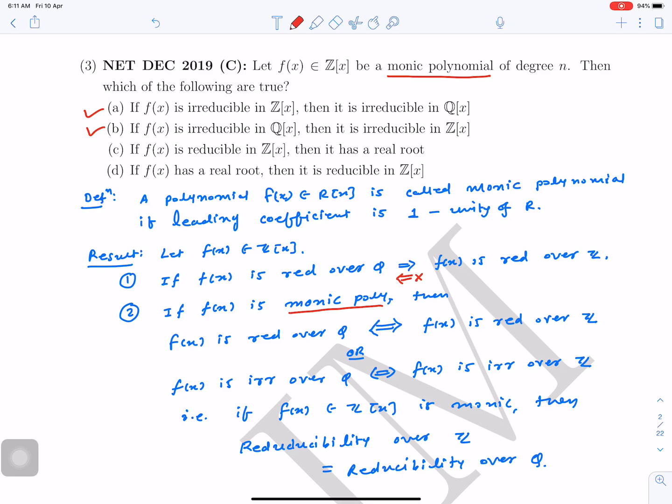Now see, option C claims that if f(x) is reducible in Z[x], then it has a real root. For that, let us see.